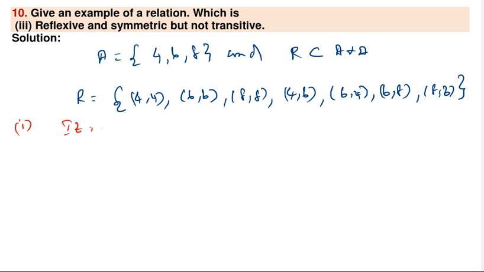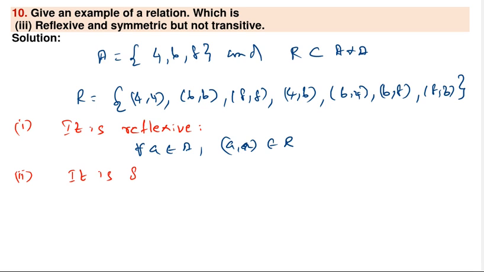It is reflexive. Why? For all a of the set A, (a,a) belongs to R. At least (4,4) belongs to R, (6,6) belongs to R, (8,8) belongs to R. It is reflexive. The second one, it is symmetric. Why?